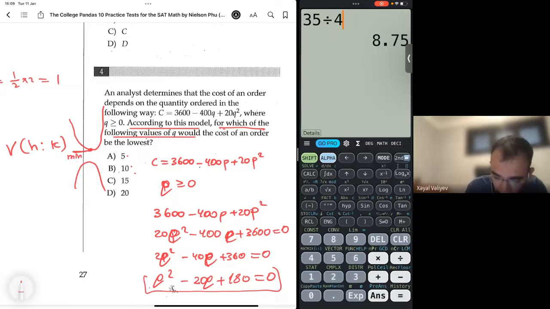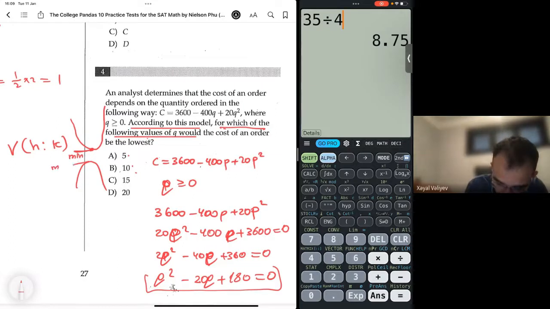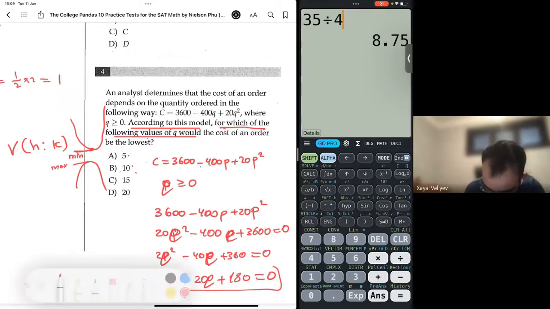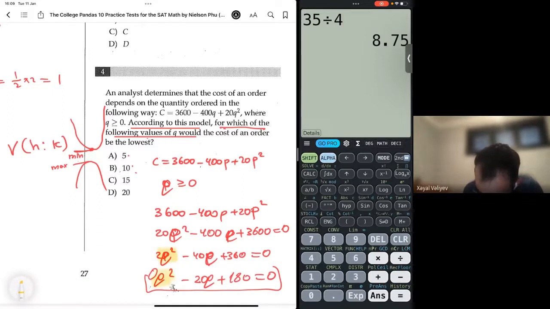Whenever it's concave down, we can talk about its maximum value. When the coefficient of the squared term is positive, it is concave up, which means we are looking for the minimum.